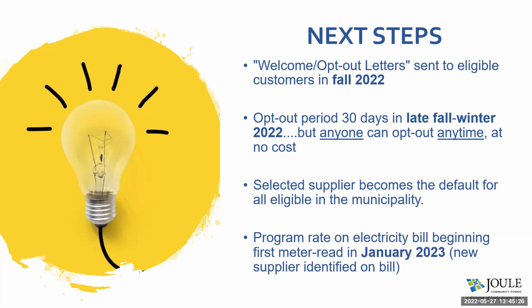And then finally, the new fixed rate for electricity supply, that new program rate on your electricity bill, will show up after your first meter read in January 2023. That will also have the new supplier listed on your bill. And again, you continue to pay your electricity bills as normal to the utility. There's not a second bill or anything like that. You just pay your bills as normal, and that is the only change.